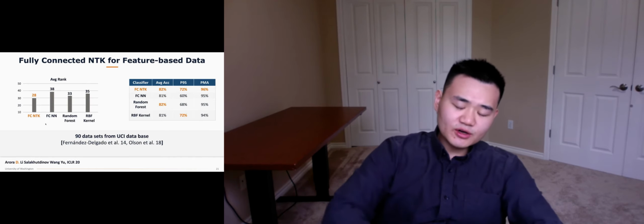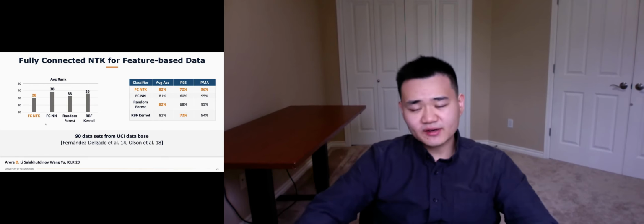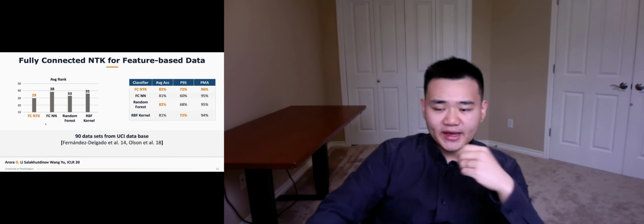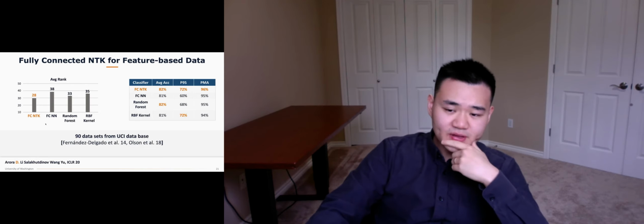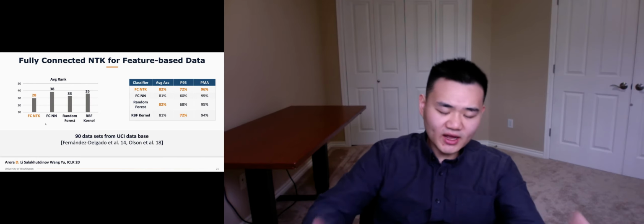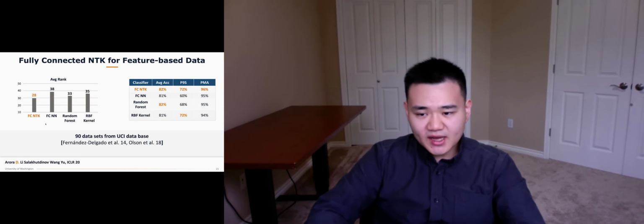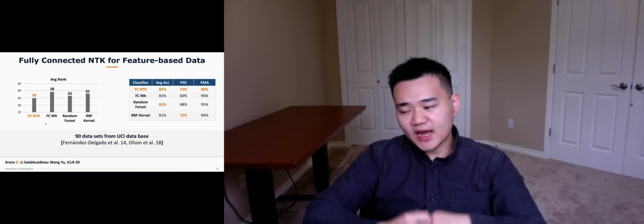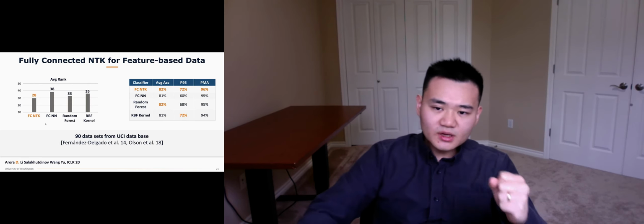So this is our experiment to verify that neural tangent kernel is really a strong classifier. Here we are inspired by an experiment setup by Fernandez Delgado et al. in 2014, where they tried more than 100 classifiers on a large number of UCI datasets, and they measured the average performance of each classifier over each dataset.